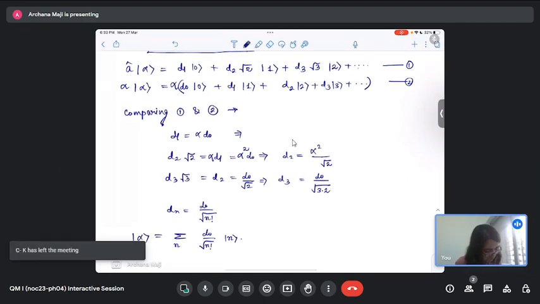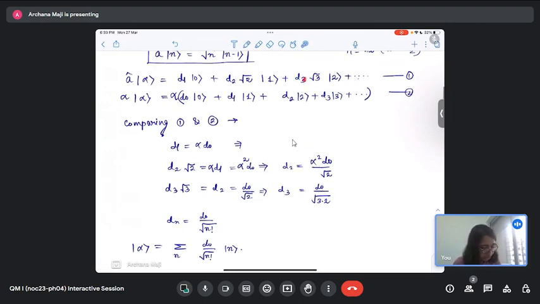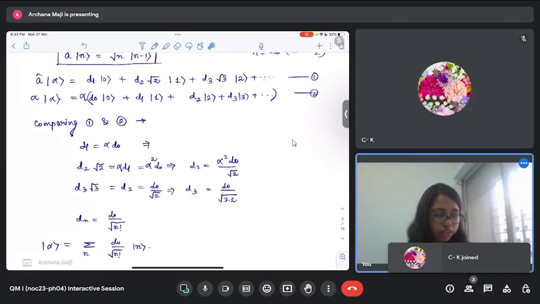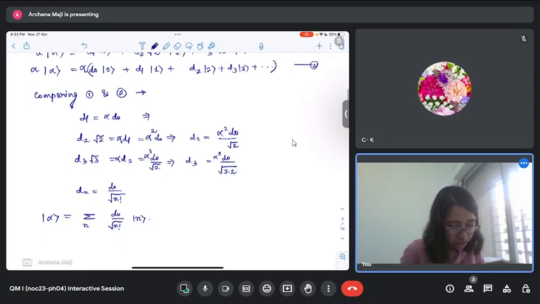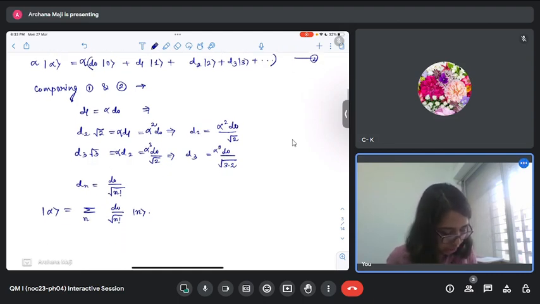So alpha square d0 over square root 2. Likewise, if you compare now this and this, you get alpha times d2, and d2 is alpha square d0 over square root 2, so d3 is alpha cube d0 over square root 3 factorial. And so dn is d0 alpha to the power n over square root n factorial.